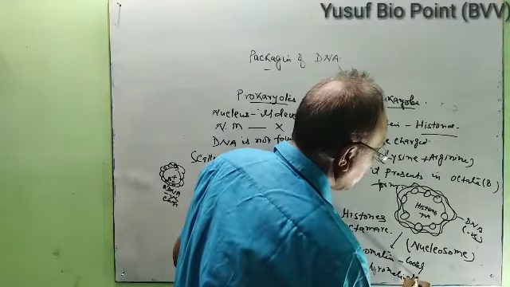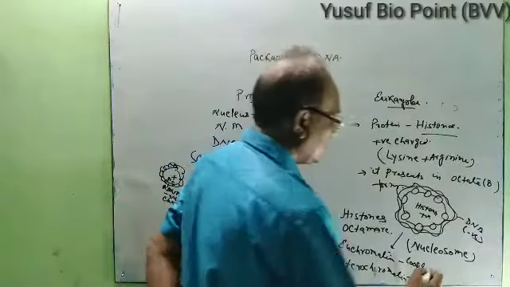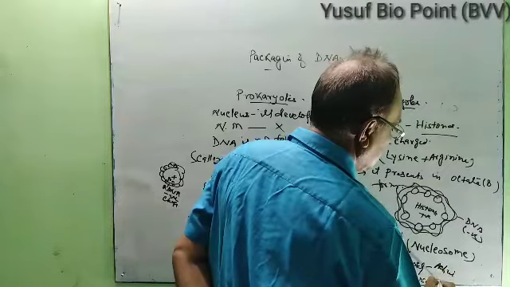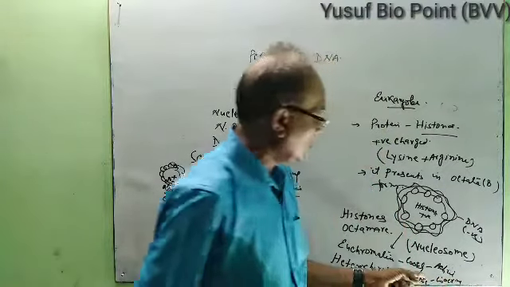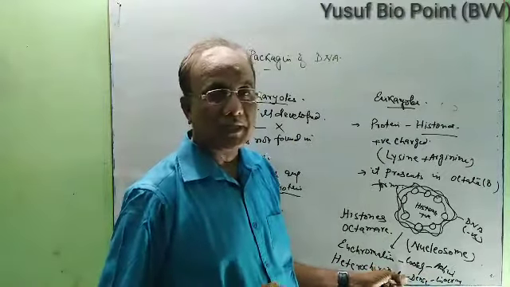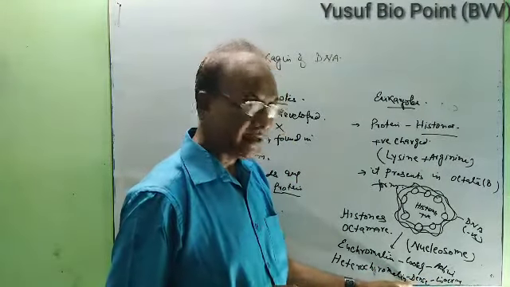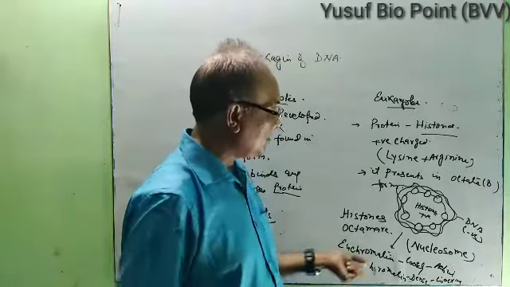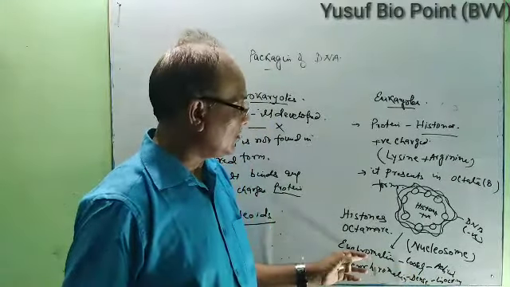One is loosely arranged, so it takes light stain and is called euchromatin.